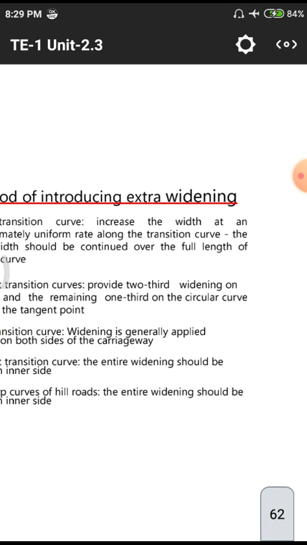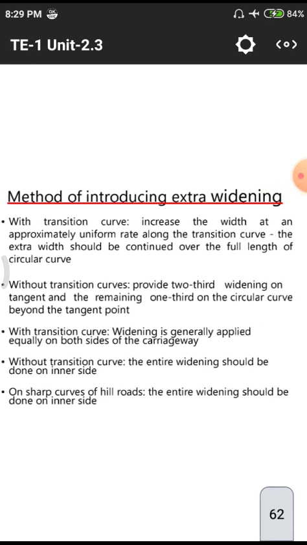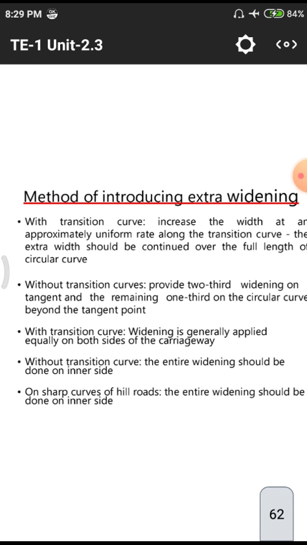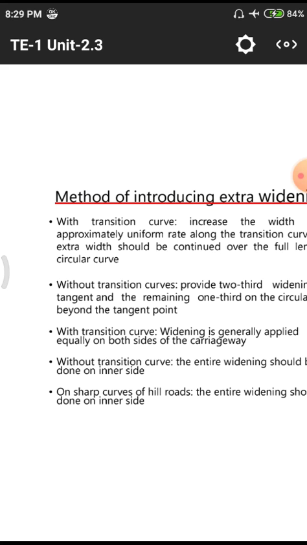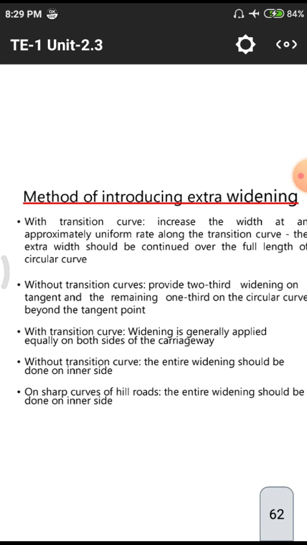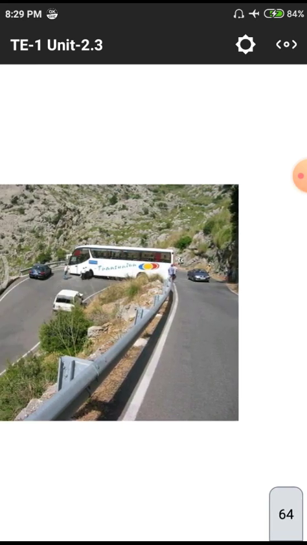This is the introduction, the total class on these extra widenings. Transition curves and other curves, we are having sharp curves, especially in terms of hilly roads. This is the sharp curve.